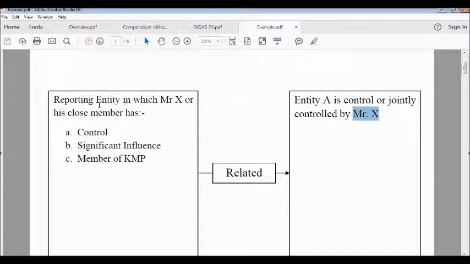Mr. X is a person who, or whose close member, has control, significant influence, or is a member of the key management personnel of the reporting entity. So if Mr. X has control or joint control over entity A, and Mr. X or his close member has control or significant influence or is a member of the key management personnel of the reporting entity, then the reporting entity and entity A, in which Mr. X has control or joint control, will be related to each other.